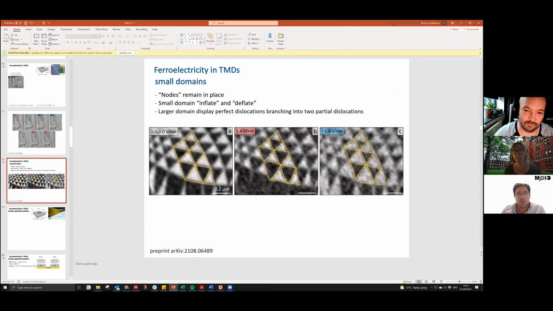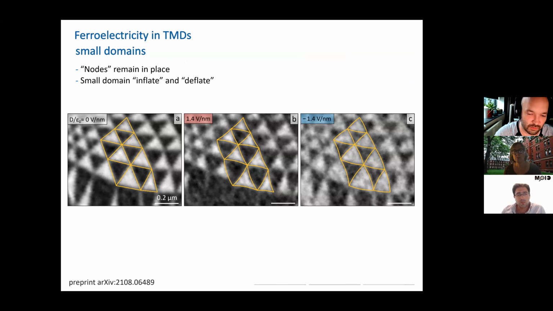Now, if you have only a few layers, you cannot gate because you start tunneling through, right? So a sweet spot somewhere between 2 and 3. We could still have some nice contrast at 5 nanometers, but above that, it's getting very hard to actually resolve the domains. I see. And if you put a graphene, one layer of graphene on top of a thin BN, then it's still possible to see.